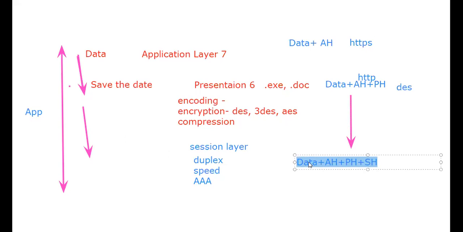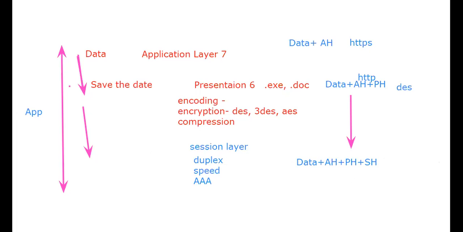So the size of your data increases while crossing every layer by adding that layer's specific information. Hope you understood. The session layer header is nothing but protocol information from the session layer, which means AAA. I'll let you know what AAA is in detail. So this is all about your application, presentation and session layers.